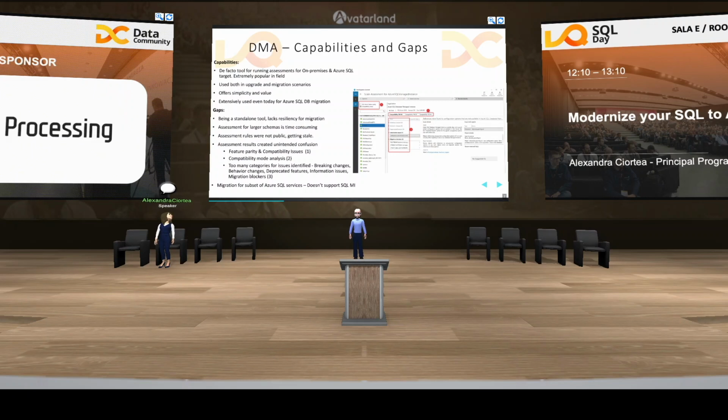In terms of data movement, DMA doesn't support SQL MI for the data movement, but it does support SQL MI as a target for assessments. And you can also use DMA for assessments from SQL RDS on Amazon. So if you have SQL RDS on AWS, you can use DMA to check the compatibility with our targets.